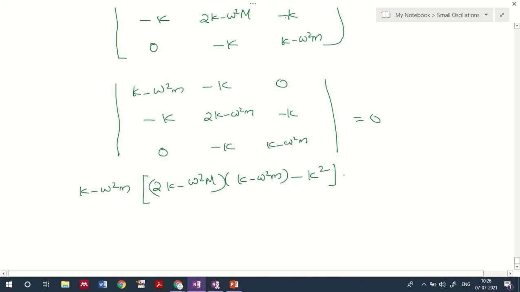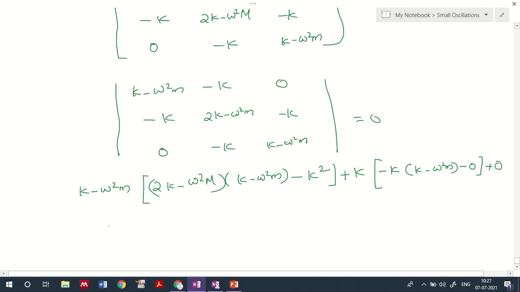Then we'll have minus k into minus k, which will become plus, plus k into k minus omega square m. Then the other term will be 0 into minus k, so that is 0, and the next term, the third element, is again 0.